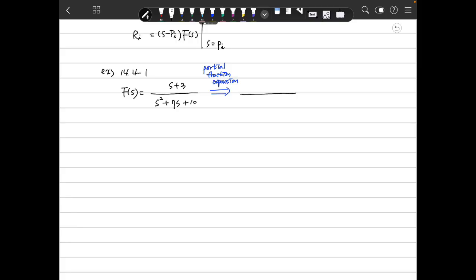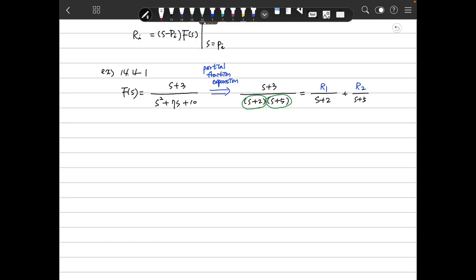That will be (s + 3) over (s + 2)(s + 5). Then we can rewrite it as R1 over (s + 2), we have two poles, plus R2 over (s + 5).